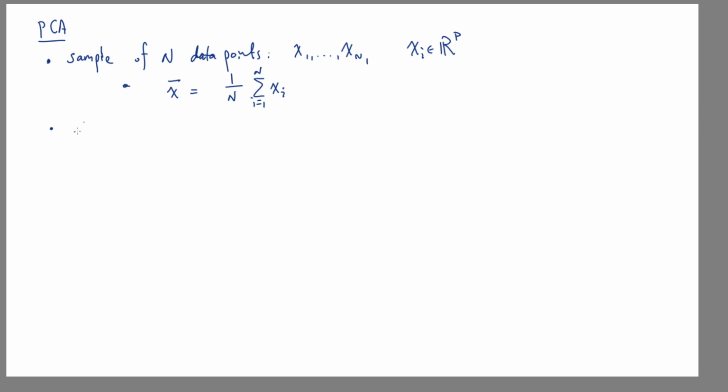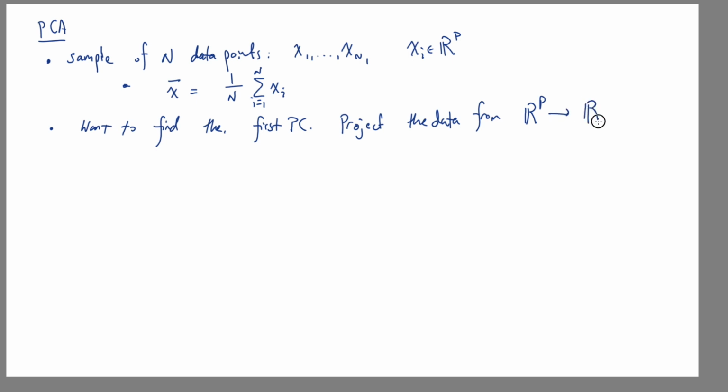And let's just assume we want to find the first PC. So I want to project the data from the p-dimensional space down to the one-dimensional space. Okay, so how do I do that?